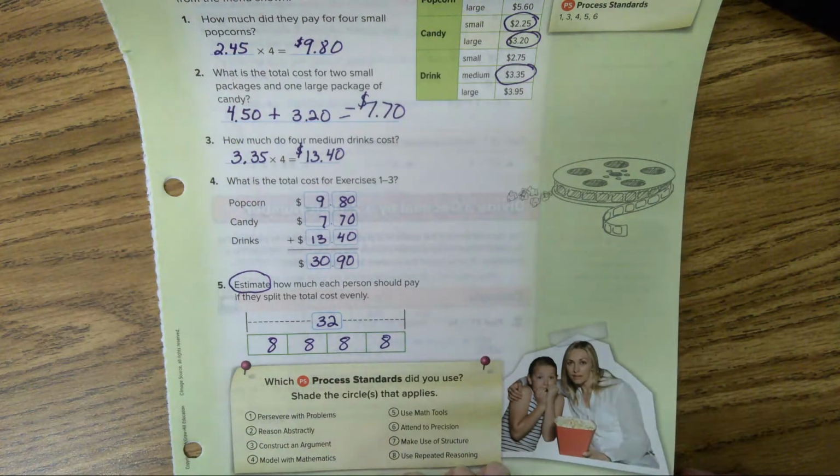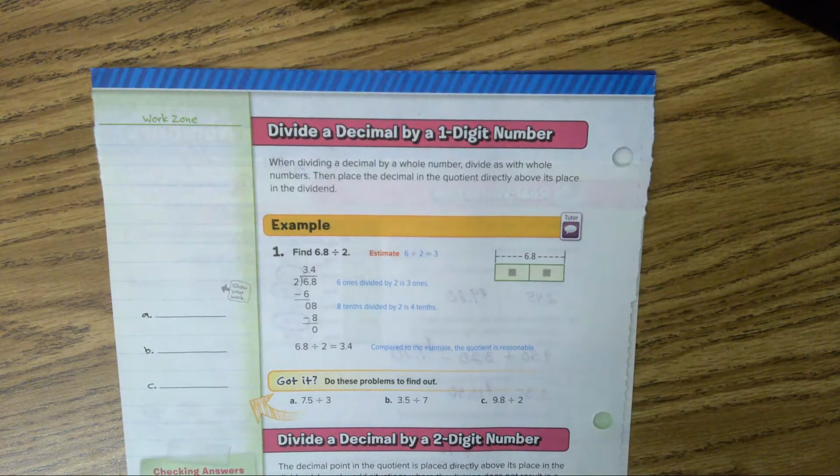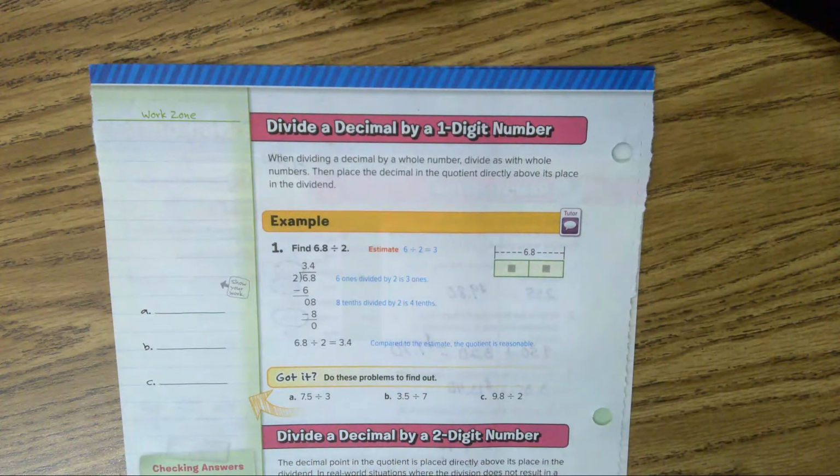Now we're going to go to page 232, and we're going to be dealing with more exact types of things here. It says, divide a decimal by a 1-digit number. When dividing a decimal by a whole number, divide as with whole numbers. Then place the decimal in the quotient directly above its place in the dividend. All right, kids.